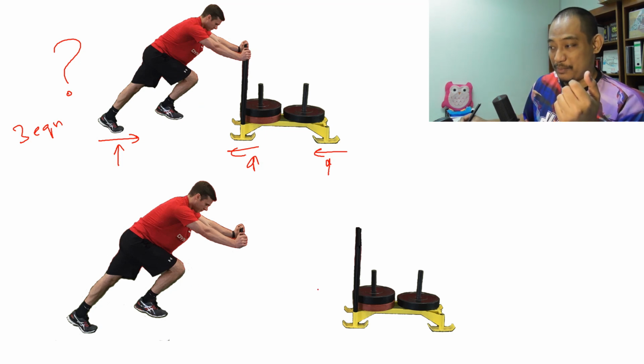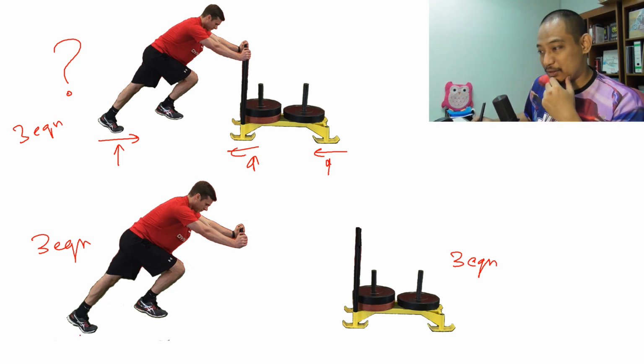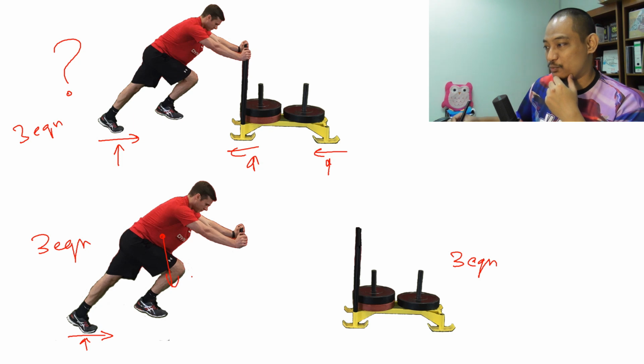So why do we normally separate? Because we have 2 free body diagrams. You have 3 equations for this free body diagram, and you have 3 equations for this free body diagram. So in this case, you have the friction here, normal reaction there, and normally this guy has its own weight, and here because it's pushing, the counter is like that, right?